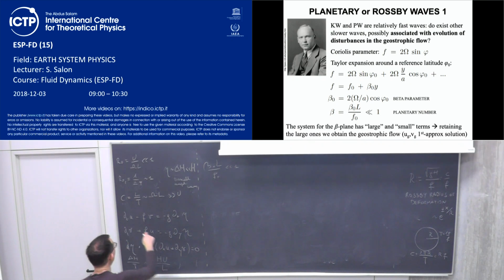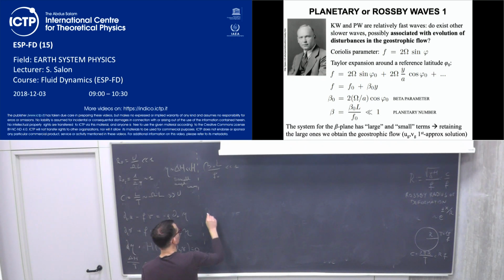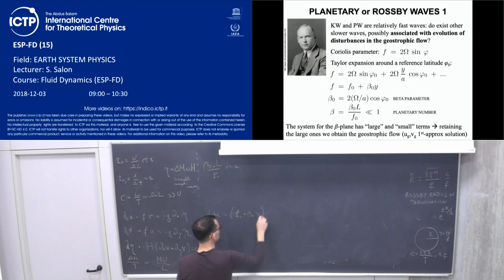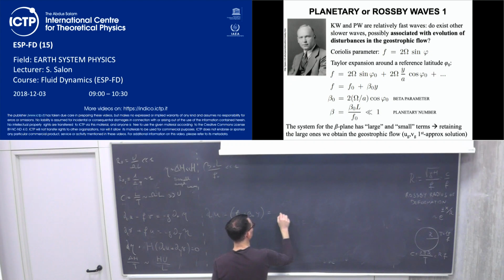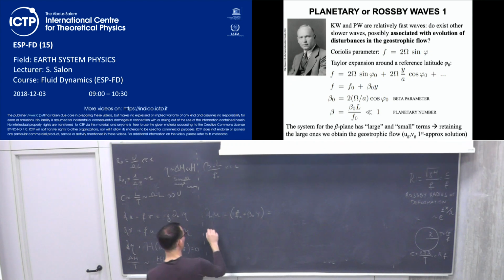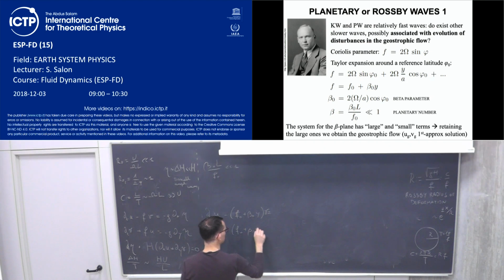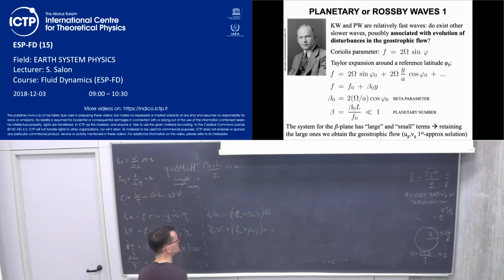So what we have here is dt u minus (f0 plus beta0 y) v equal to that, and here we will have dt v plus (f0 plus beta0 y) u, and this is the same.